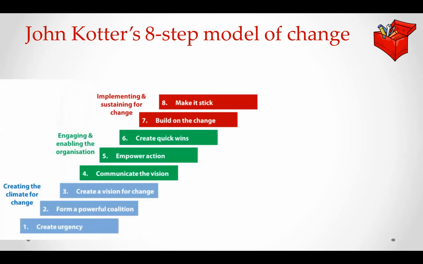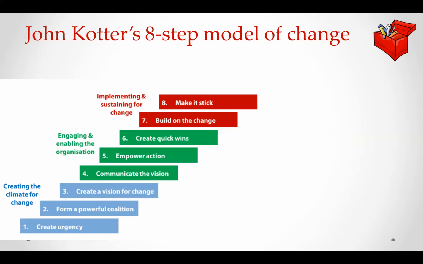All right. So the 8 stages, reading from bottom to top, are nicely color coded as well: blue, green, and red. I just mentioned that with a little reflection, you can see how Kurt Lewin's 3-stage model can be applied to organization-level change as well.